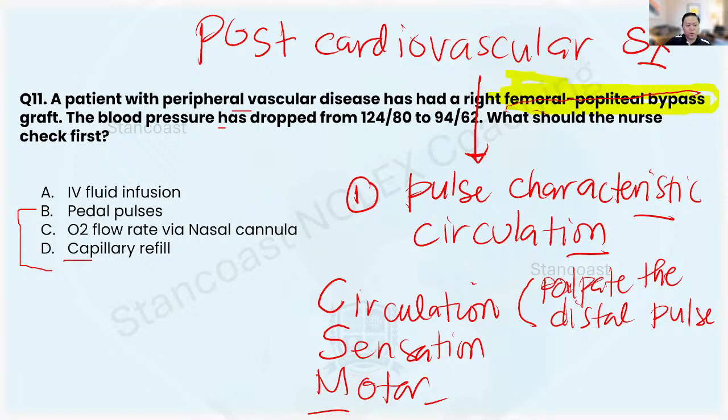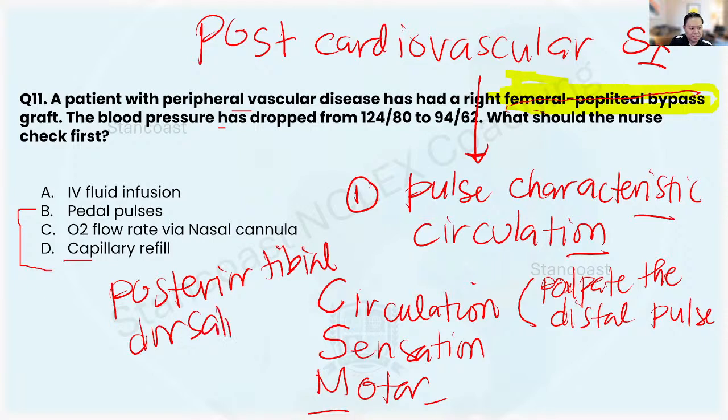Okay, so we are going to look for the pulse. We're going to have to palpate the pulse, talking about posterior tibial, dorsalis pedis. So make sure that you're able to capture pulsations in these arteries, posterior tibial, dorsalis pedis, and then note the amplitude. Is it 0? Is it +1?